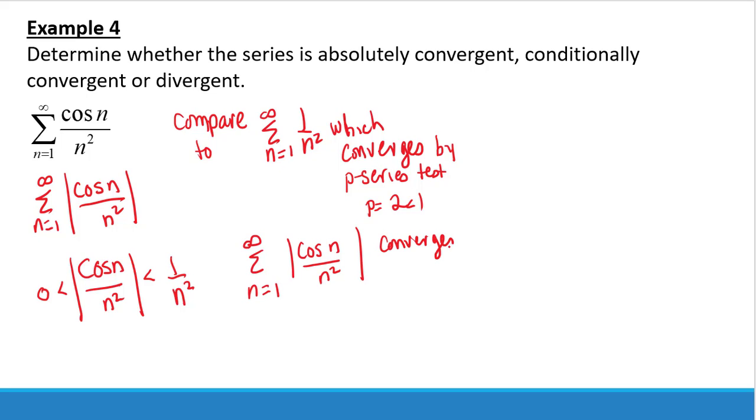So therefore I know that this is absolutely convergent, or converges absolutely.